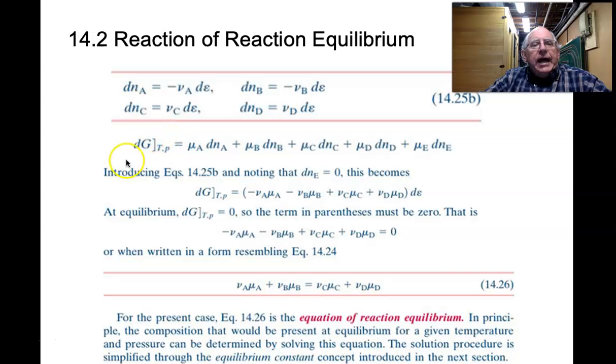And we said that that differential change in the mixture Gibbs function at a given temperature and pressure was simply related to the chemical potential of each of the components times the differential amount of that particular component, whether that component was decreasing or increasing.